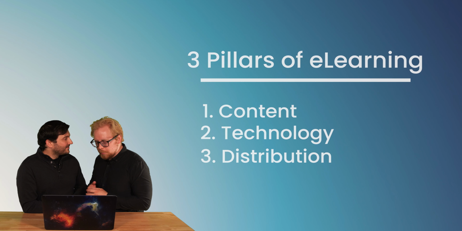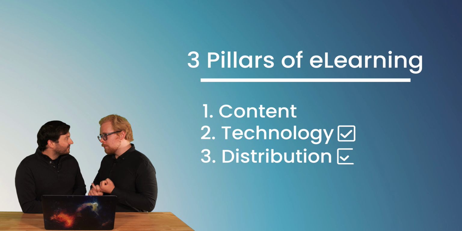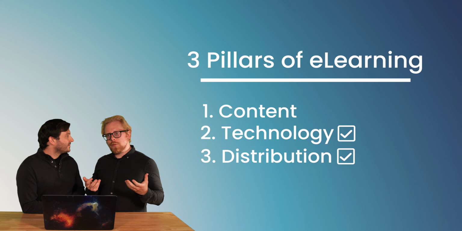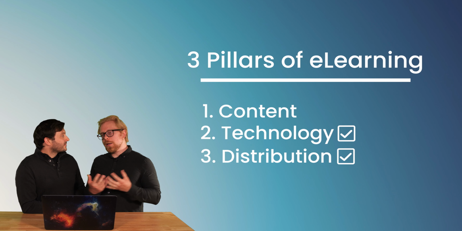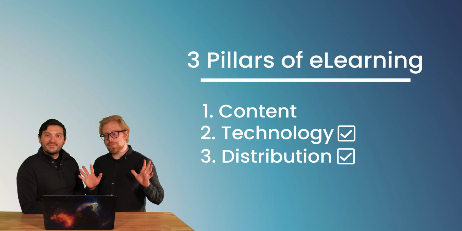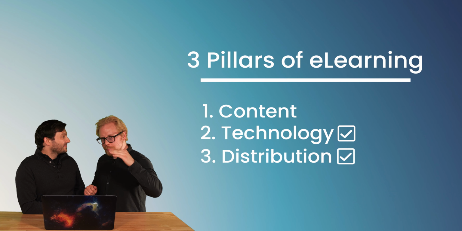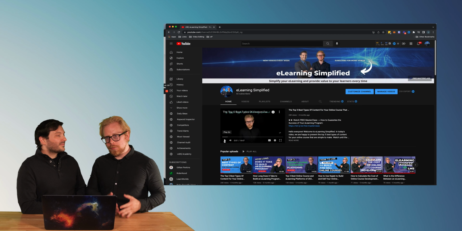And the cool thing about YouTube is we're going to hit on 2 of the pillars, the technology and the distribution pillar. Not the content pillar, because at least right now to my knowledge, and maybe I'm just not young enough to know this, you can't actually use YouTube to create a video from scratch.